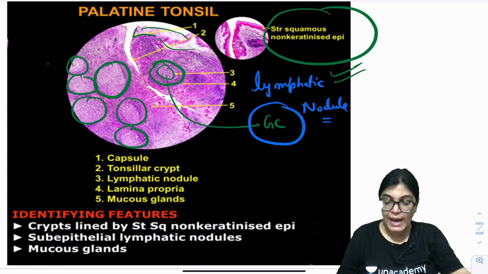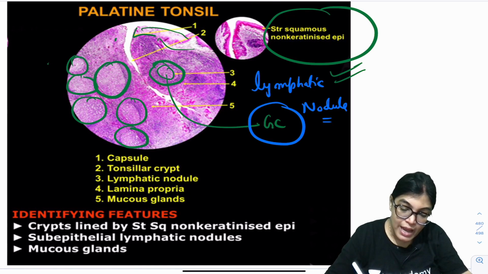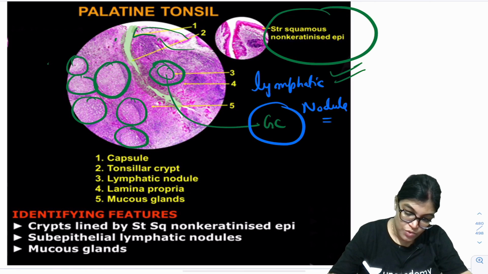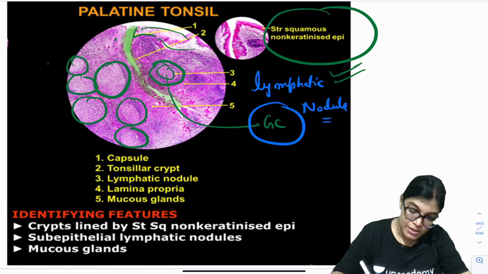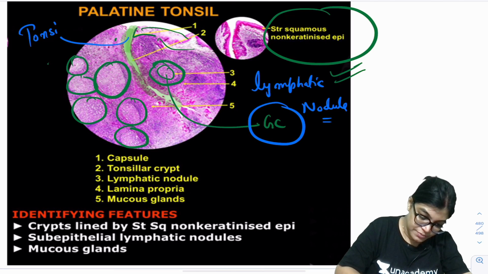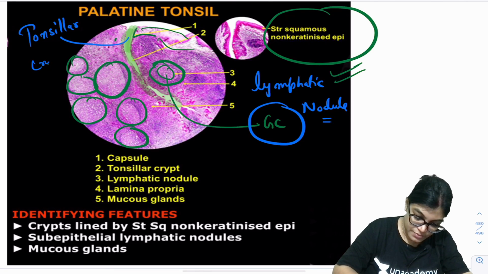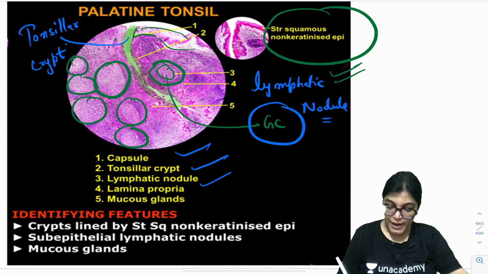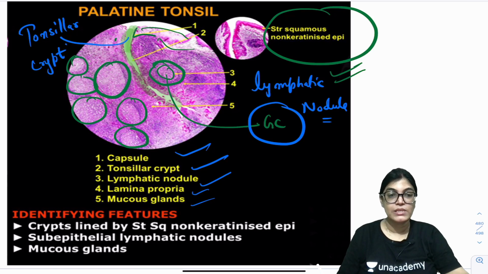Lymphatic nodule with the lighter stained germinal center, and very nicely you can see here, this is the tonsillar crypt.